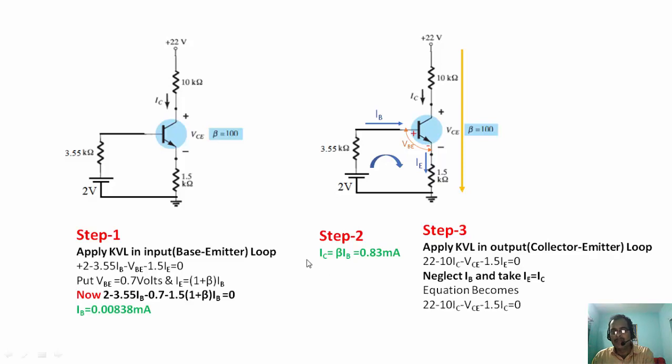The equation becomes 22 minus 10 IC minus VCE minus 1.5 IC. Now put the value of IC from step 2. After putting the value of IC, we get the value of VCE equal to 22.34 volt. These are the answers.